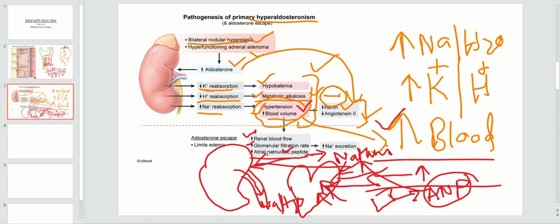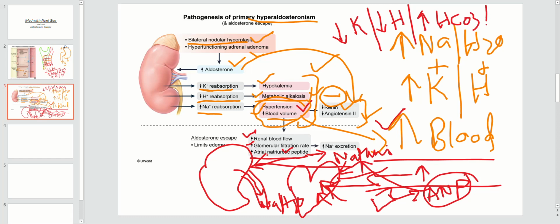So for the overall picture, they will ask you that in case of aldosterone escape, you have decreased serum potassium, decreased hydrogen, or they can ask about the bicarbonate. You can say the bicarbonate will be increased. But if they ask about the sodium, you will say it's normal, right? In case of aldosterone escape.